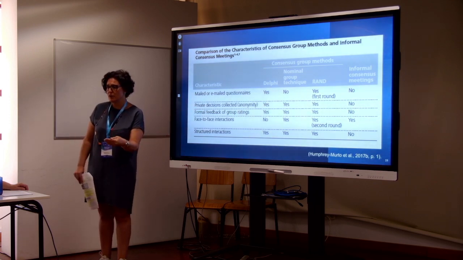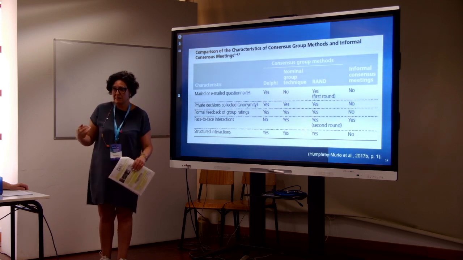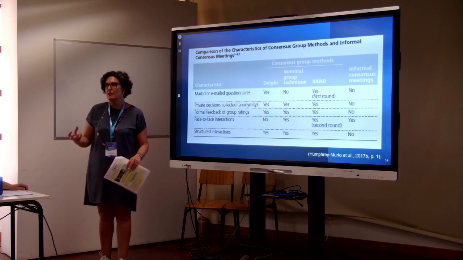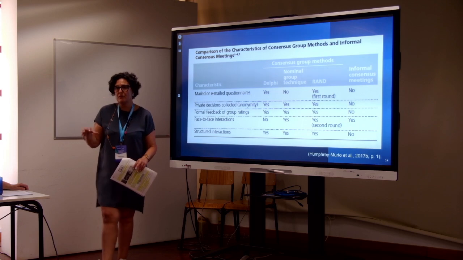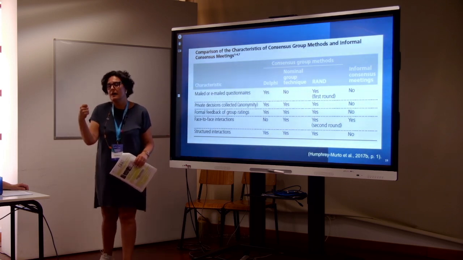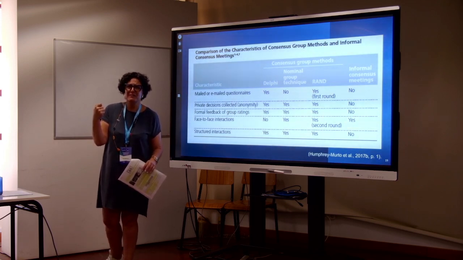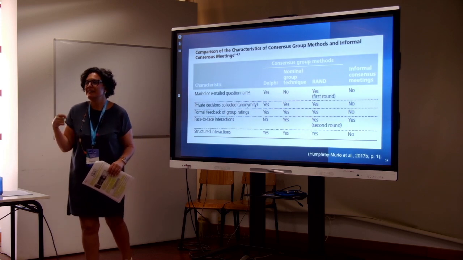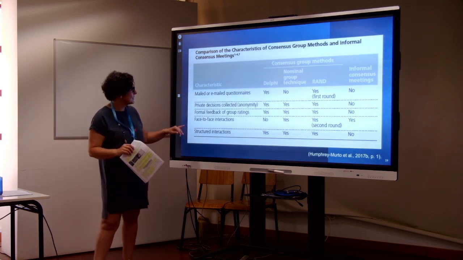collected anonymously. For example, in the nominal, in the second method, we can then re-rate the items after the first round. We can re-rate the items, and people also give their first opinion anonymously and their opinion goes to the pool.